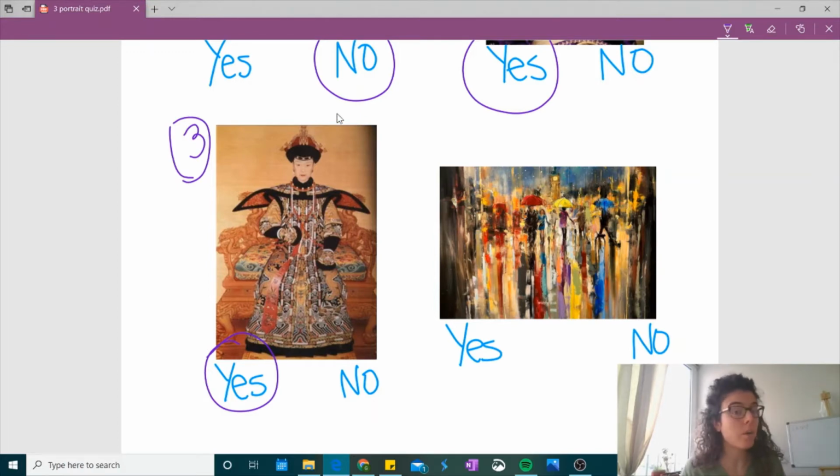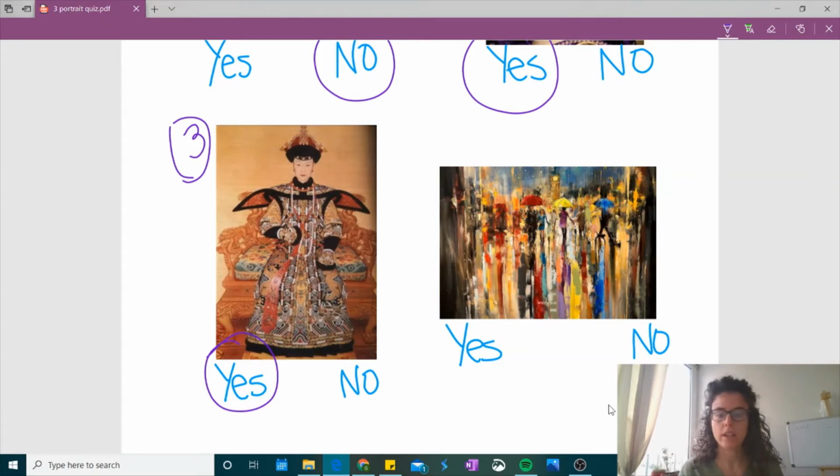Even though it's not just the shoulders and head, it's still a portrait because we can very clearly see their face and we have no one else in, I think it's a painting. No one else in the painting. So our eyes focus on that one person. We can call them the subject. Remember that word from the other video? The subject of the painting.